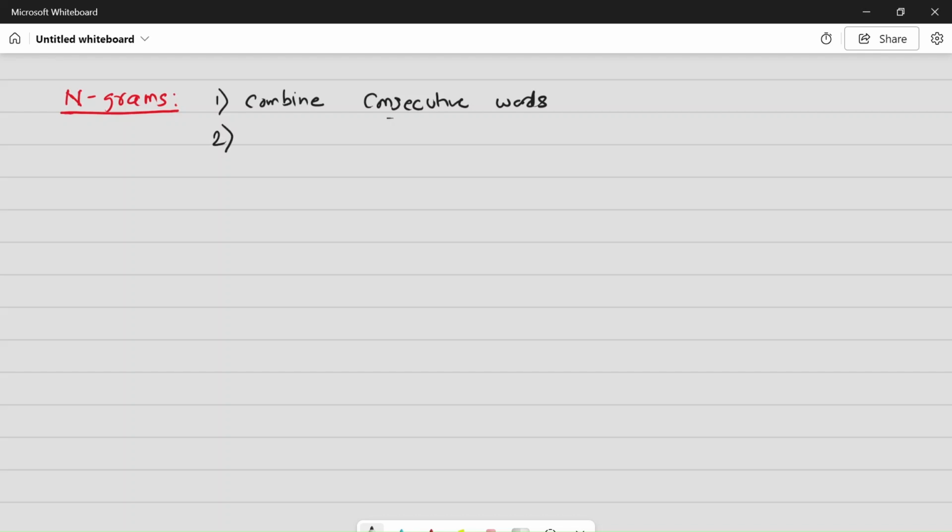Why are we combining? Because in the earlier count vectorizer or TF-IDF, we were not able to understand the relation, but with this, we are able to understand the relation between words. This is the advantage of n-grams.